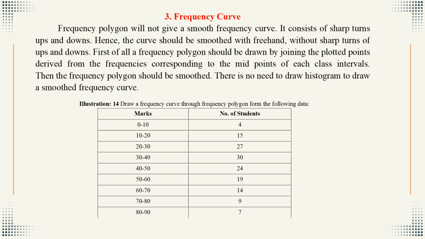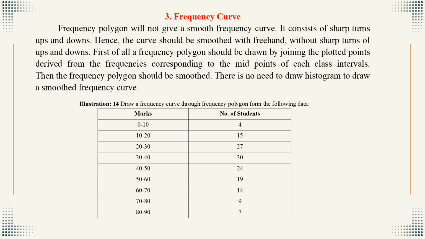Third one is frequency curve. Frequency polygon will not give a smooth frequency curve. It consists of sharp turns, ups and downs. Hence, the curve should be smoothed freehand, without sharp turns of ups and downs.